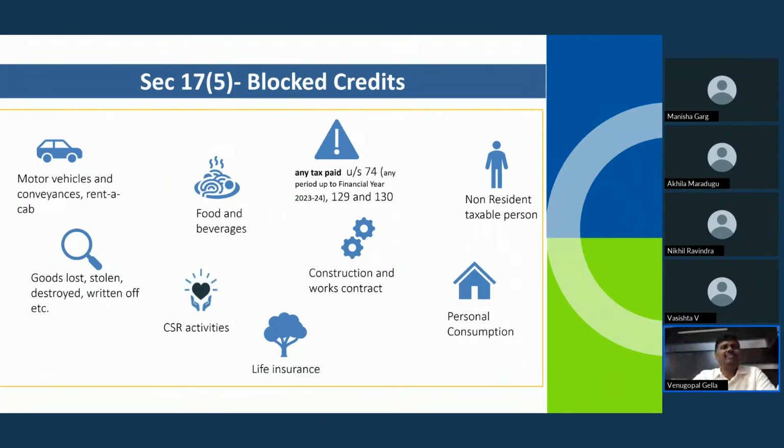Here, I would like to highlight one point. It's only section 74. Let's say you have paid tax at the rate of 12% for a certain turnover. Government is now saying, no, it is not 12%, it is 18%. There's a rate confusion. So you are now paying additional tax, and this is being paid under Section 73. You can raise a debit note, send it to your customer, you pay the taxes, and the customer will be eligible to take the credit.